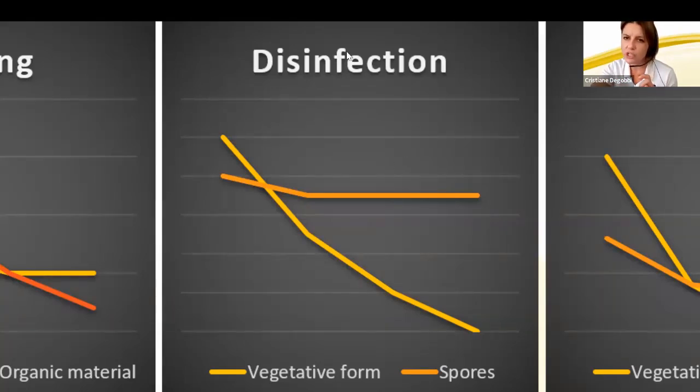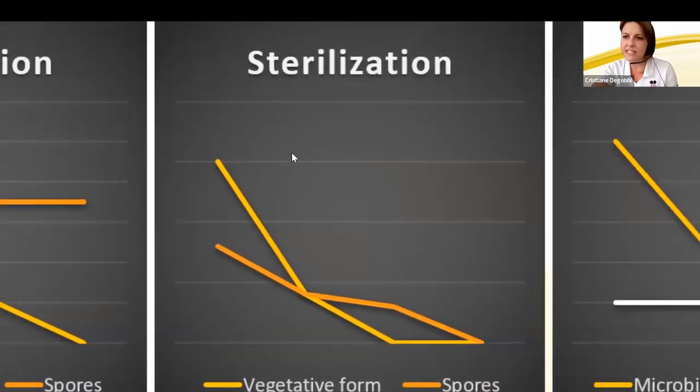During disinfection, your goal is to reduce maybe to zero here the vegetative form, but spores you may reduce or you may not reduce, but it's not the main goal of this procedure, okay? Sterilization, yes, the goal here is to go down to zero in terms of vegetative form and spores, okay?